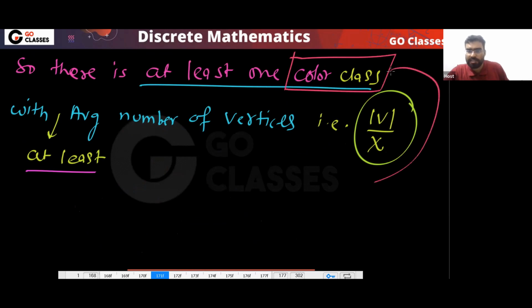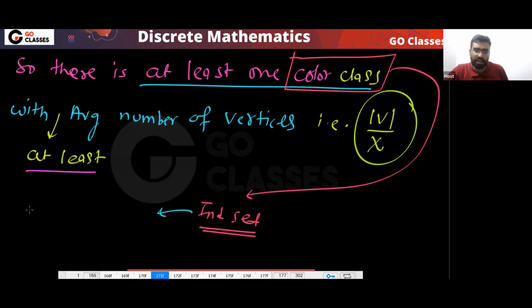Finally, what can I say about the independence number? That should be greater than or equal to this. Independence number should be greater than or equal to this.